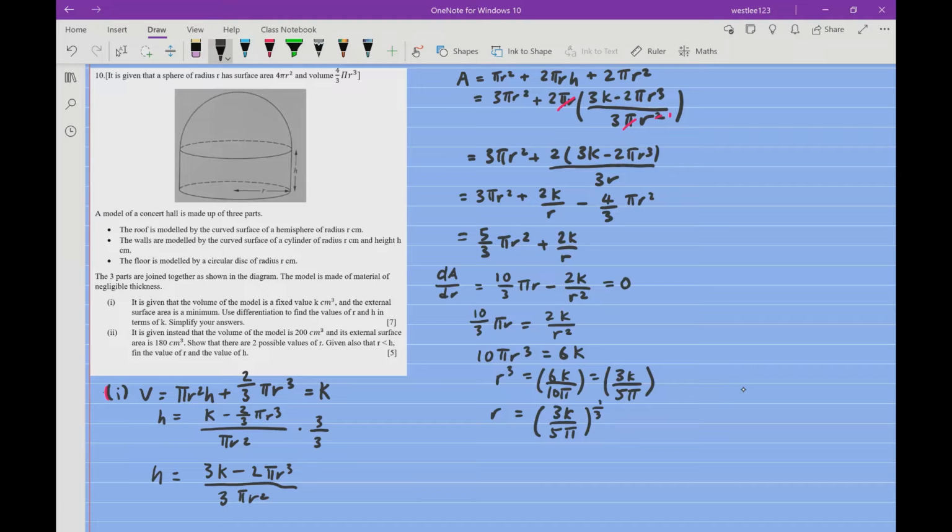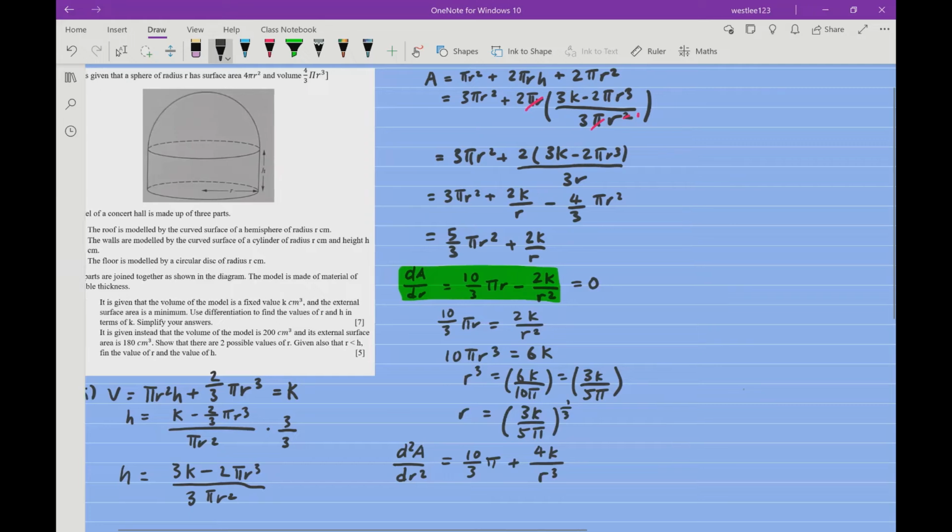Now we need to check whether or not this r value gives us a maximum or minimum surface area. So we need to do a second derivative, d2A/dr squared. So I'm differentiating the first derivative another time. This will give me 10 over 3 pi plus 4k over r cubed. Okay. So let me shift this over a little bit.